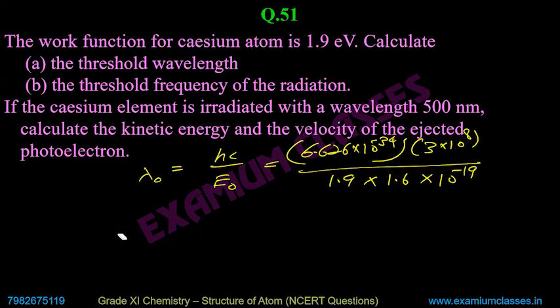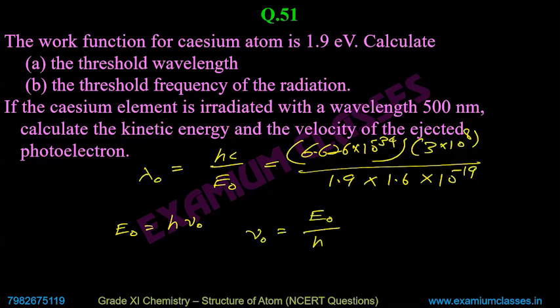Sir, if we use work function, W naught will be equal to h nu naught, we can use that to find it. That's what I'm saying. If you say W naught or E naught equals h nu naught, then first you will calculate nu naught equals E naught by h.